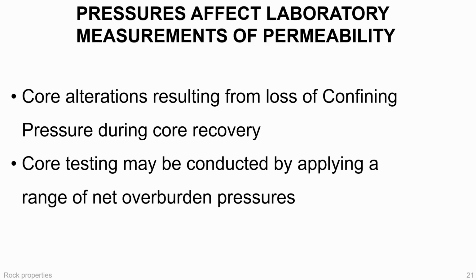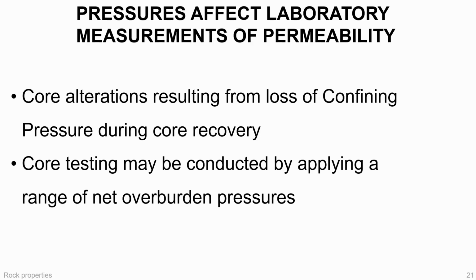When a core sample is brought from the reservoir to the surface, it experiences a large reduction in confining pressure. This stress release can change the rock physically by creating microfractures or by altering the original pore structure. As a result, the permeability measured at the surface may not represent the true permeability under reservoir conditions.